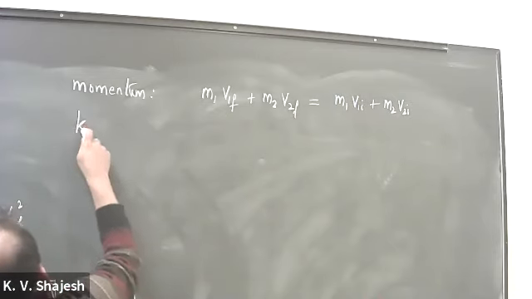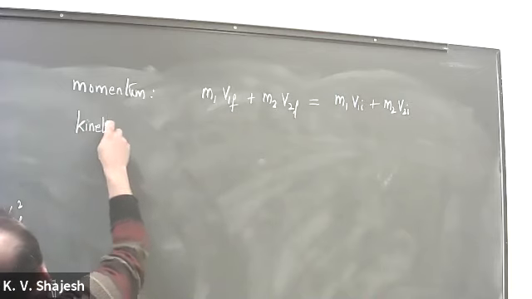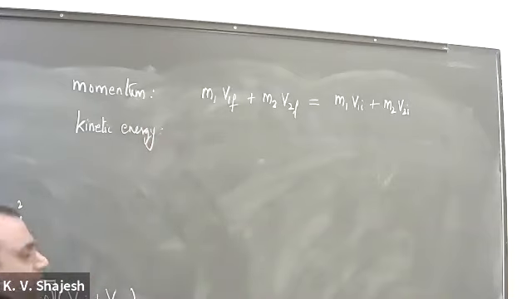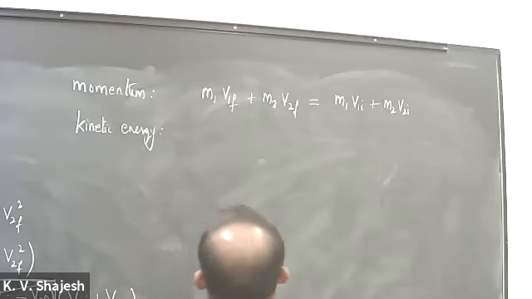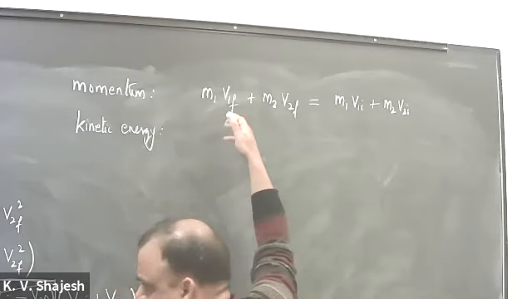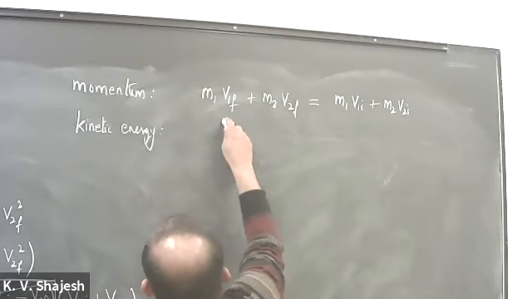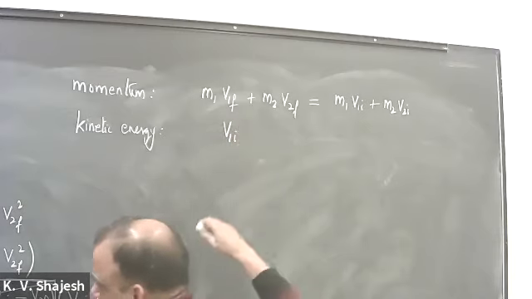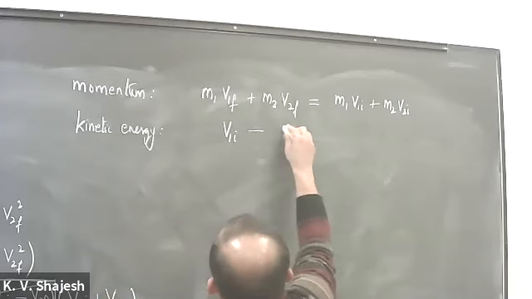Kinetic energy conservation, even though it is an expression in quadratics of initial and final velocities, we notice that it is easier to think of it as v1 initial minus v2 initial.